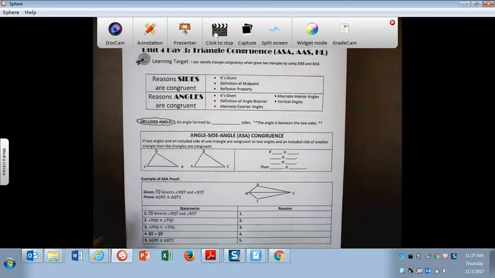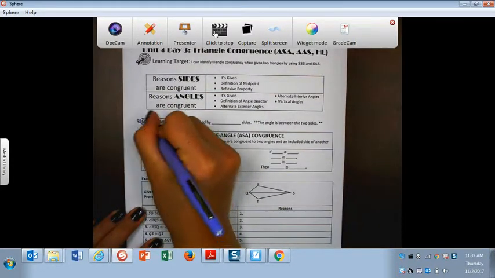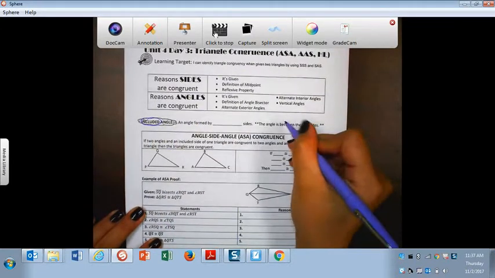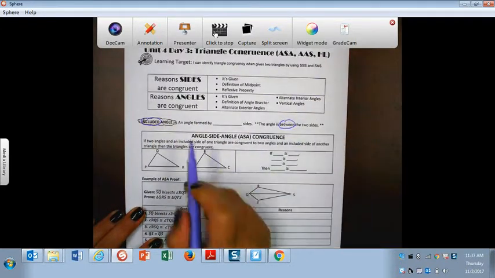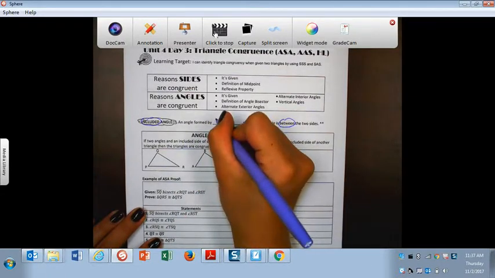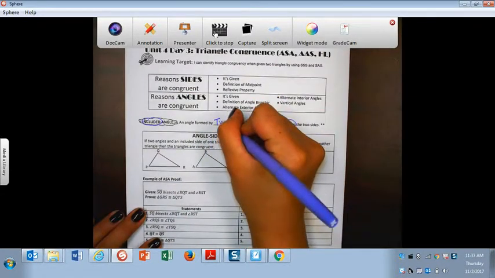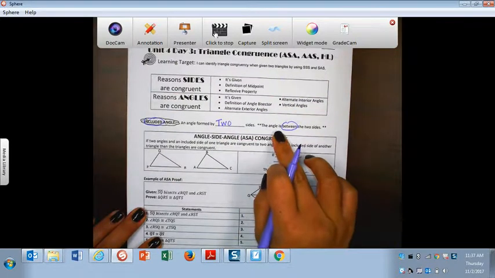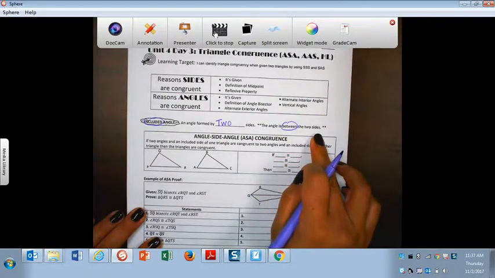Included angle. The word included basically means between. An angle formed by two sides, so the angle is between the two sides.